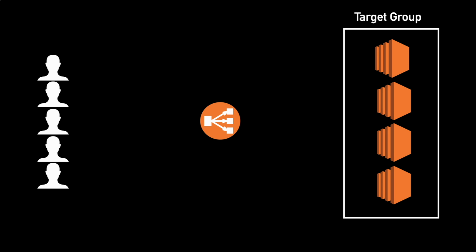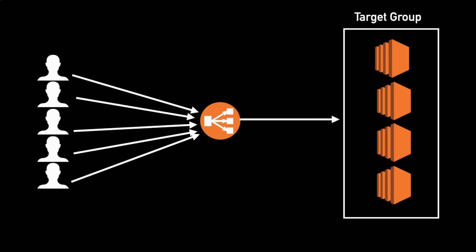An application load balancer acts as an intermediary between the users and the hosts running the application. It does so by creating a target group of hosts that are running the application and then routing the requests from these users to one of the available hosts in the target group.